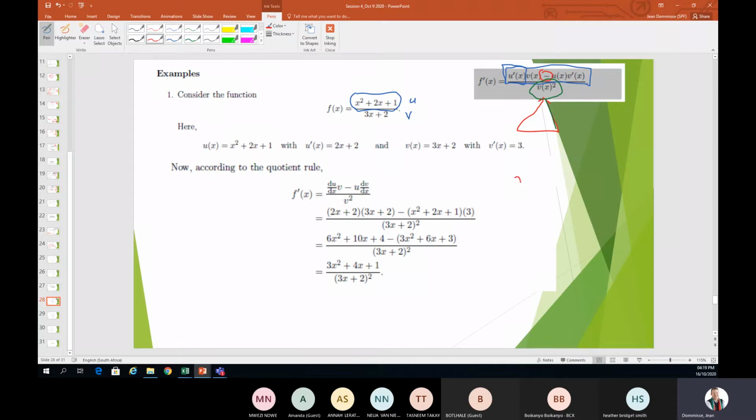That would have been 2x plus 2. We will multiply that by the v term, and that is 3x plus 2. Just hope I've got enough space on this side.